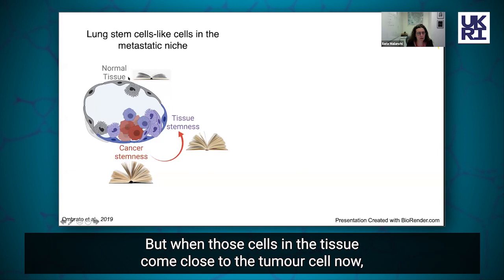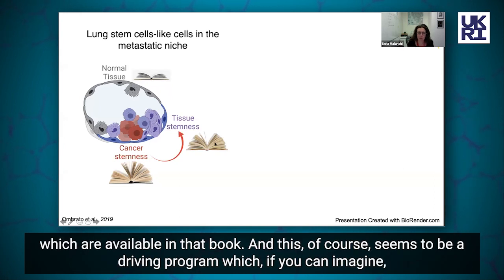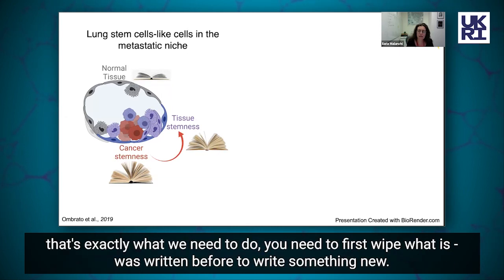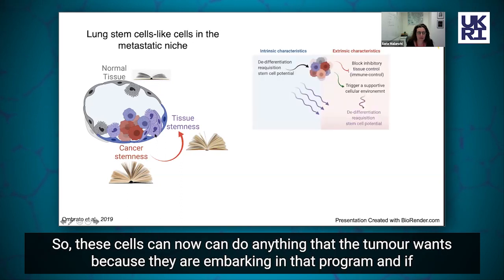But when those cells in the tissue come close to the tumor cell, they seem to reacquire this embryonic stemness potential, which leads the cell to reacquire more of the information which is available in that book. And this, of course, seems to be a driving program, which, if you can imagine, if the tumor wants to rewrite a new structure in its surroundings, is exactly what you need to do. You need to first wipe what was written before to write something new. So these cells can now do anything that the tumor wants because they are embarking on that program.